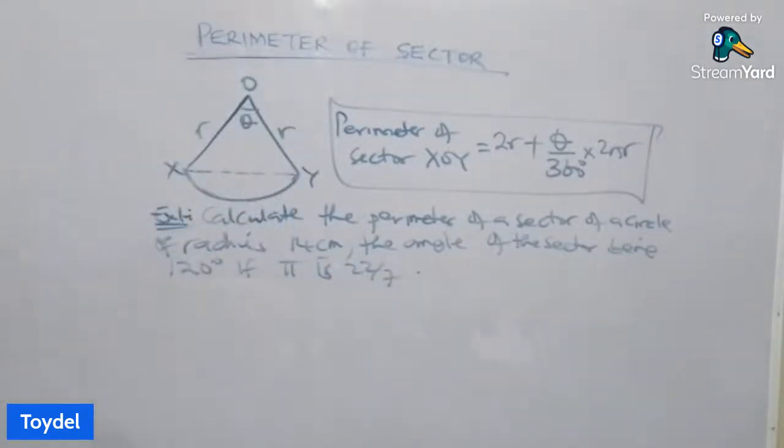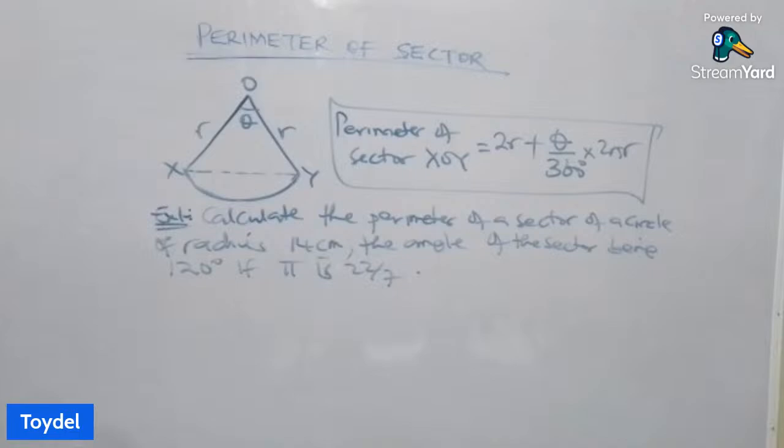That is what we are given. We are asked to calculate the perimeter of a sector of a circle of radius 14 centimeters, the angle of the sector being 120 degrees, if pi is 22/7. That is what we want to find.